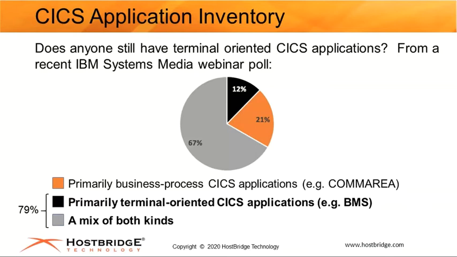We think that represents reality, and that's what it feels like to us, that there is still this 80-20 rule floating around, so that when we initially talk to a customer and we ask them these questions, we're not surprised at all to find somewhere around 80% of the application inventory still having some tie, whether in large parts or in small parts, to important applications that are still styled as terminal-oriented processes.